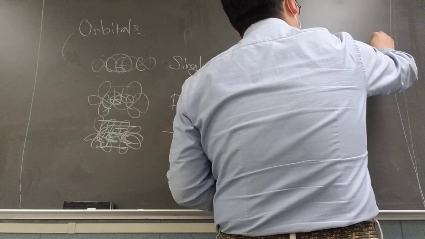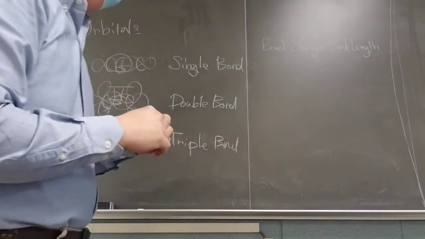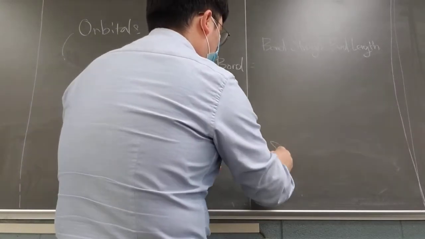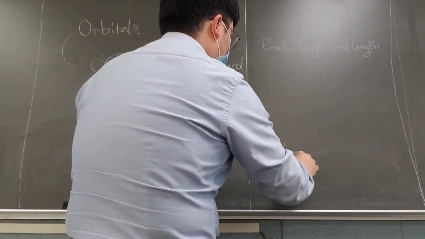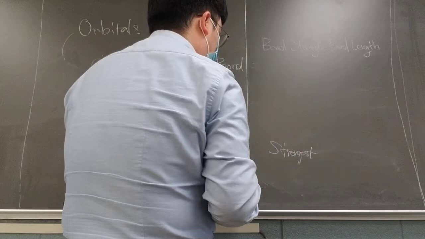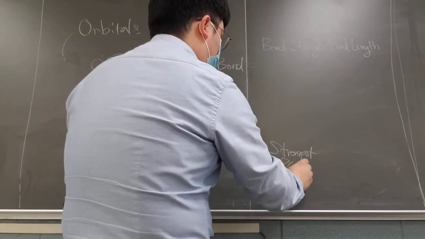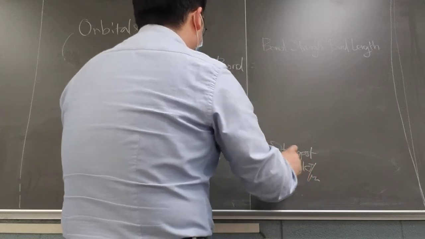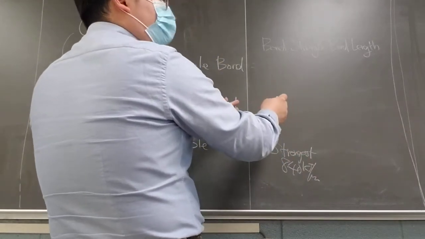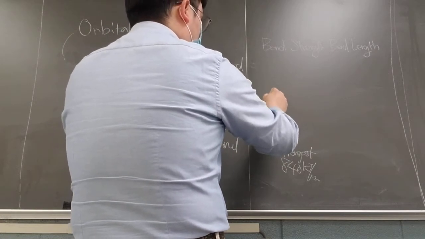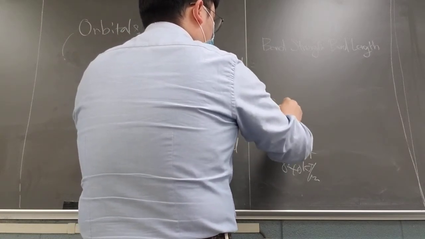Obviously, the triple bond is the strongest. I think this was about 840 kilojoules per mole. And the double bond is the second strongest, obviously, because this is 1 pi bond.